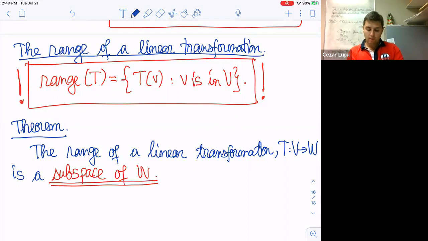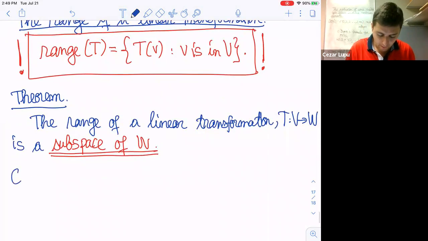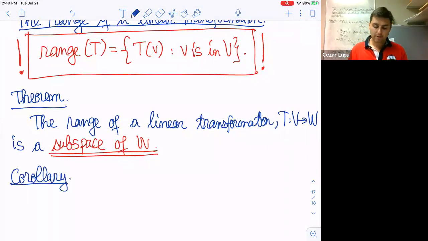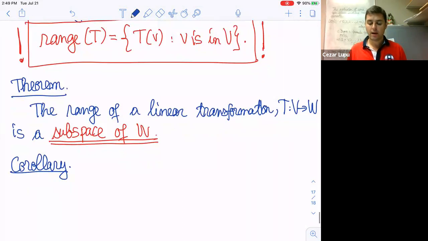And now we'll have the following corollary to this theorem, which says that if I consider a linear transformation from Rn to Rm, which will be given again by that matrix representation. So let's write it.